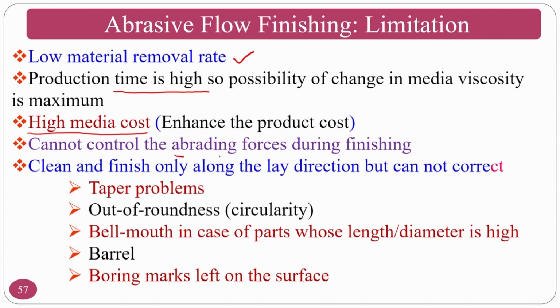You cannot control the abrading forces during finishing, compared to the magnetorheological finishing process, which you will see in the upcoming classes. Just a glimpse: magnetorheological finishing works by controlling the magnetic field.